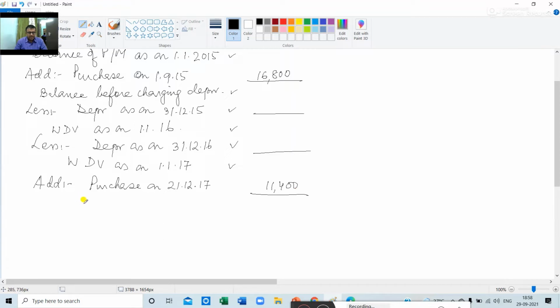So balance before charging depreciation. We will find out this balance. Then we will charge depreciation as on 31st December 2017.